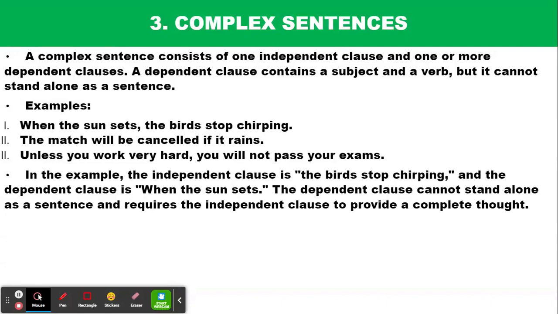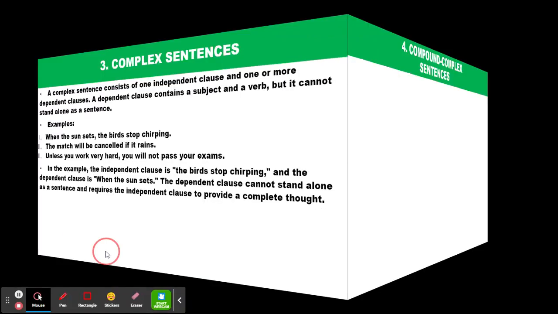When the sun sets, then what happens? The birds stop chirping, all right? So the dependent clause cannot stand alone as a sentence and requires the independent clause to provide a complete thought.